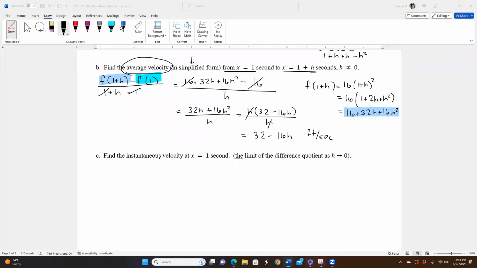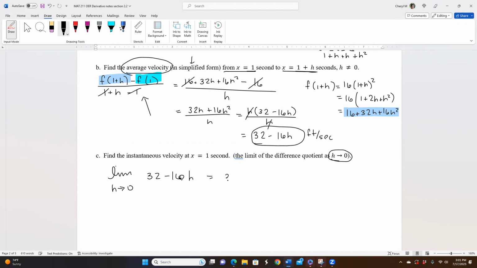Now it wants us to talk about instantaneous velocity. So that means the difference quotient that we did above here as h approaches 0. So we take the limit of this function as h approaches 0 of 32 plus 16h, which will be 32 plus 16 times 0.